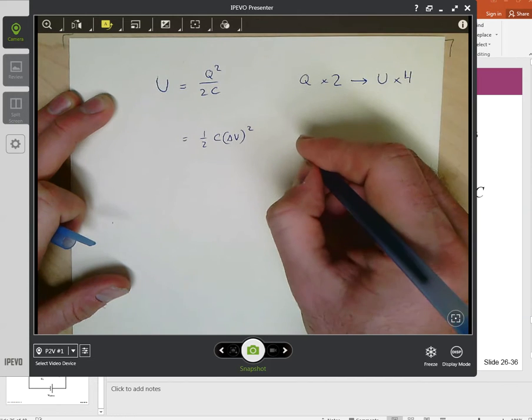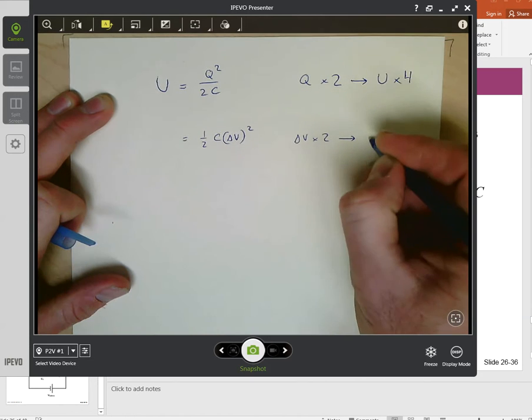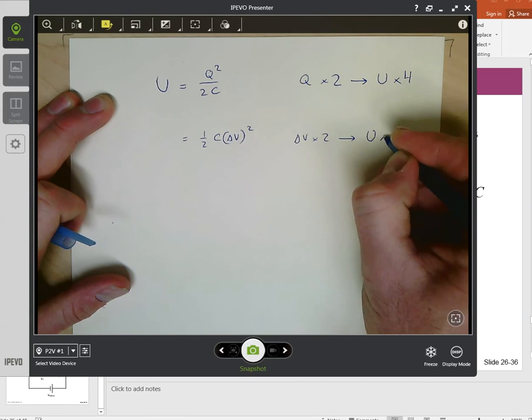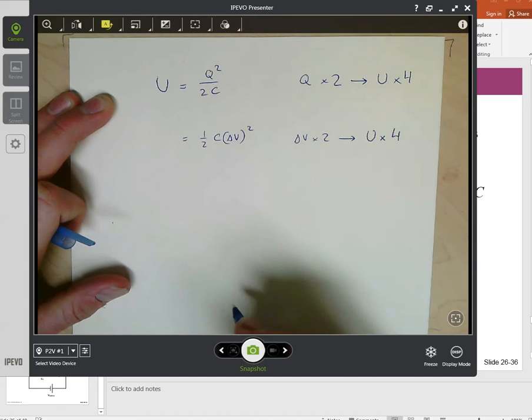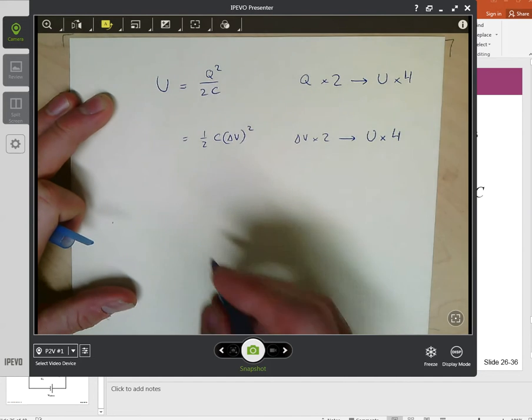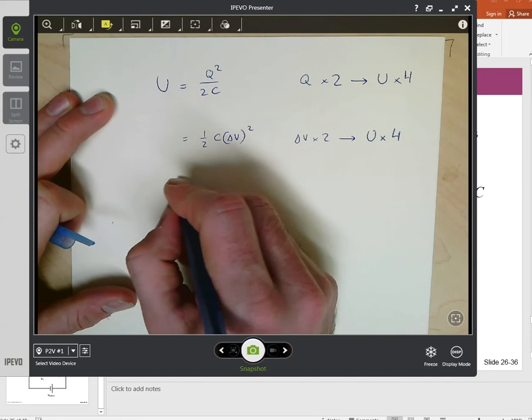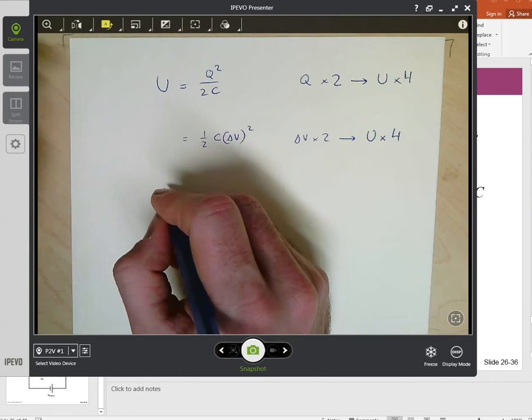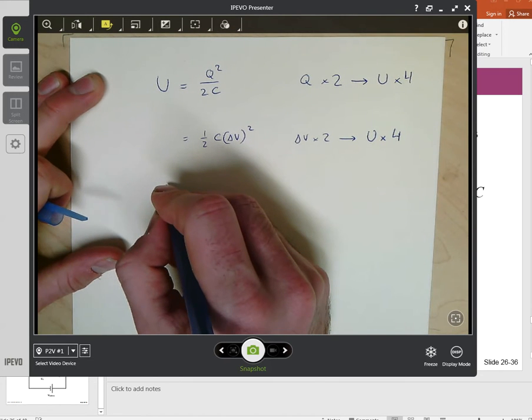This one says that if delta V is multiplied by 2, the energy stored goes up by a factor of 4. Hopefully that makes sense. I'll put in some example numbers once more. Feel free to fast forward the next minute or so if you already know this.